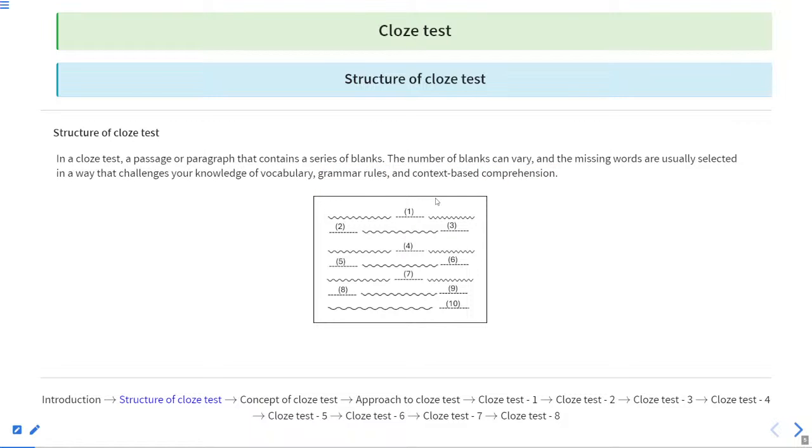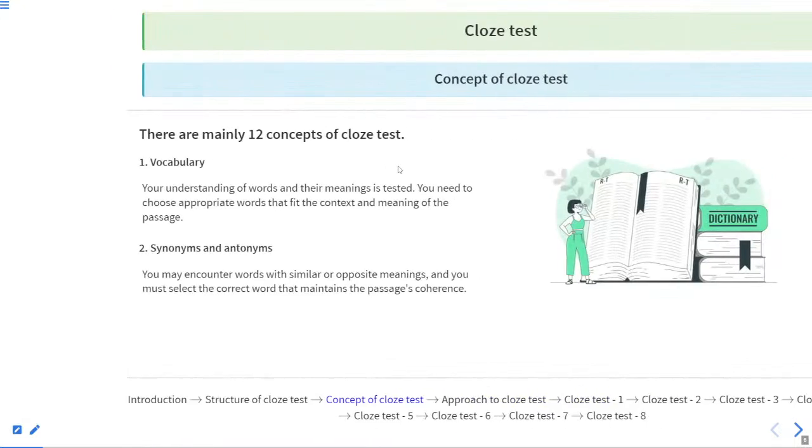For example, if we have words like Rama, something, Ravana, so then the options are given to us, and instead of something, we have to substitute a word. Then this particular sentence may be part of a cloze test. But typically in a cloze test, it will not be just one line. It will typically be a passage or paragraph, and there will be not just one blank, but a series of blanks. So let us look at this concept in more detail.